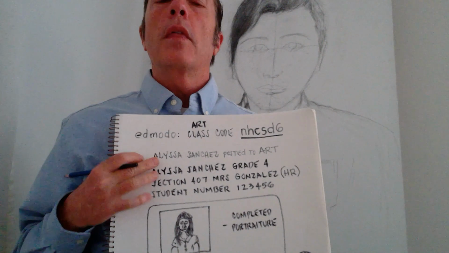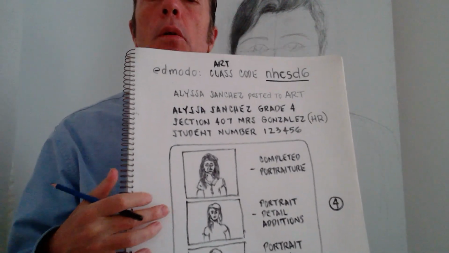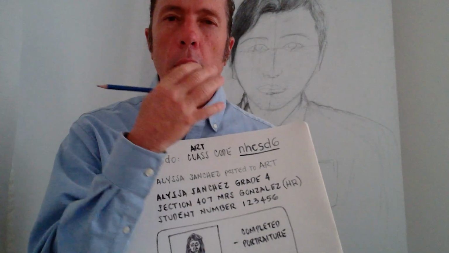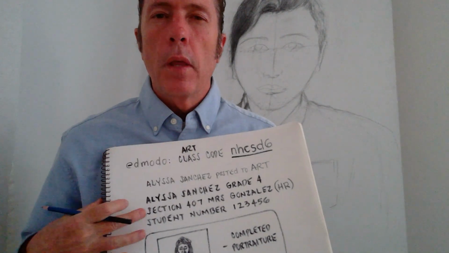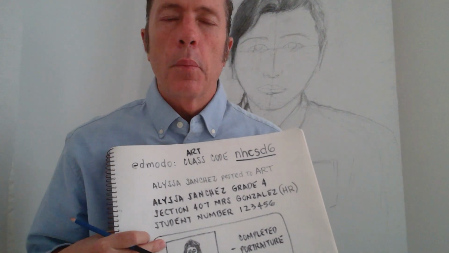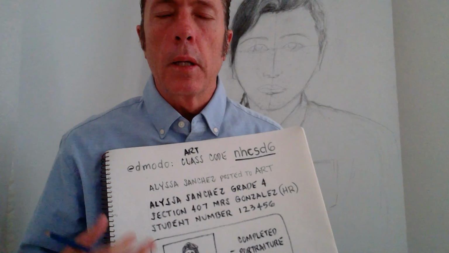And in that video, I will be including some of the portrait details, the facial features. I will be drawing in the eyes and the nose and the lips and the ears and so forth. So you can look forward to that video coming in the next couple of days, and then follow the instructions accordingly.